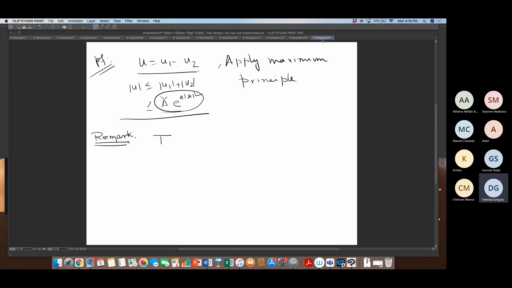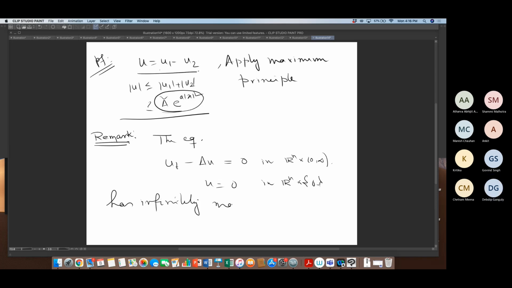There are very simple examples: the equation ut minus Laplacian of u equal to 0 in Rn cross (0, infinity) and u equal to 0 at time 0 has infinitely many solutions besides u equal to 0. Of course u identically 0 is a solution, clearly it satisfies this equation, but there are infinitely many solutions.